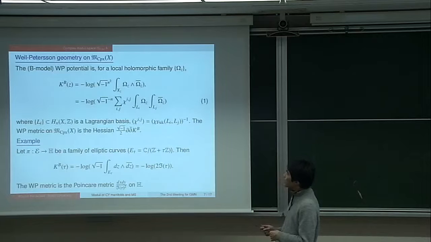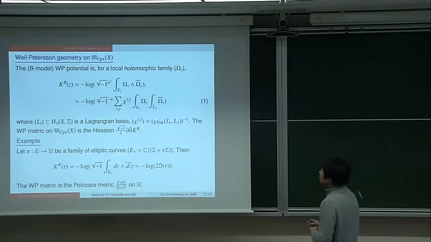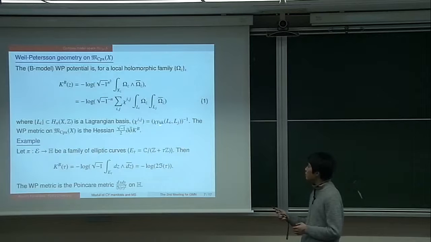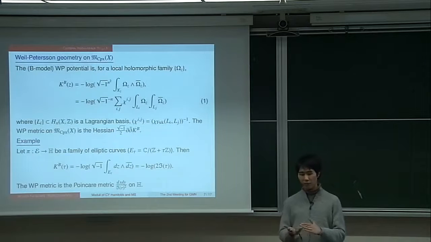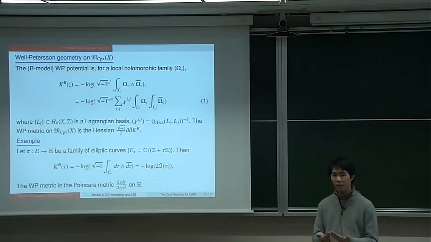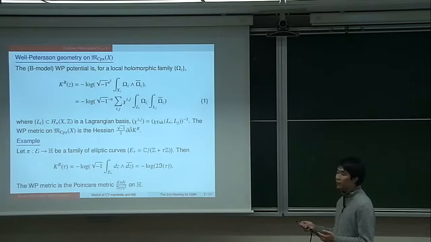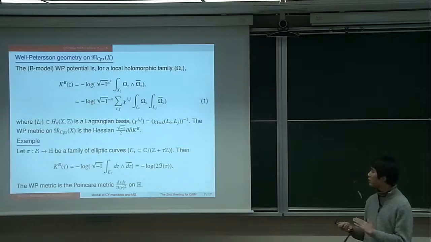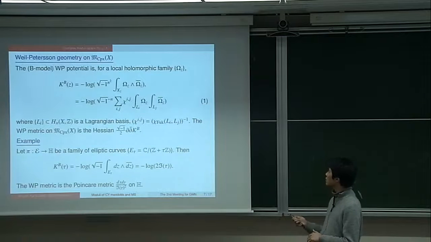So if there exists a basis consisting of formal sums of Lagrangians, and consider a pairing in a Fukaya category, or this is just a signed intersection of Lagrangians, and you take the inverse matrix of that intersection matrix, and you can rewrite the potential as this.